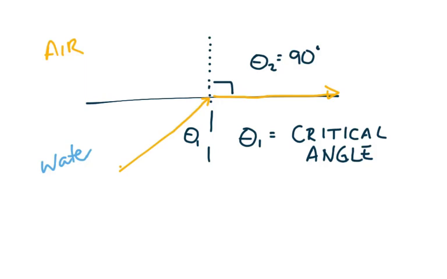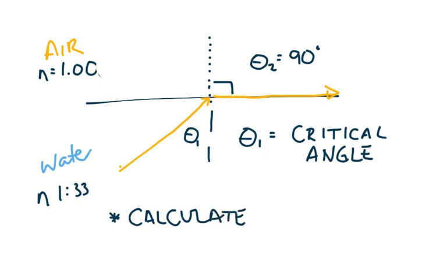So if air is, what's the n value for air? 1.00. And then water is 1.33. Can you guys please, I'll give you a few minutes, calculate the critical angle. Go.